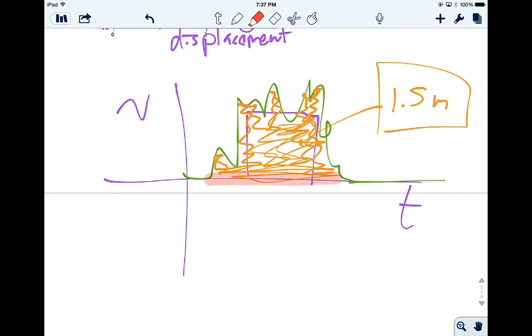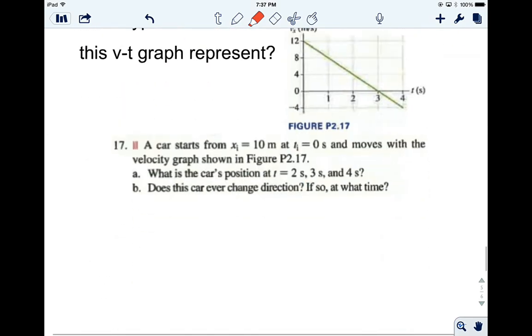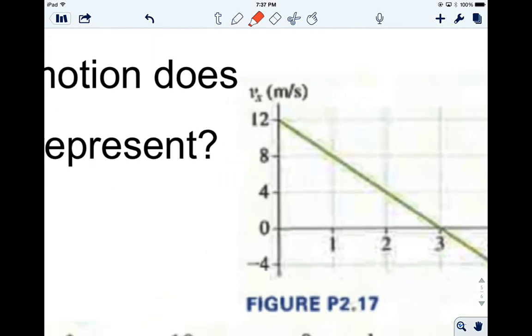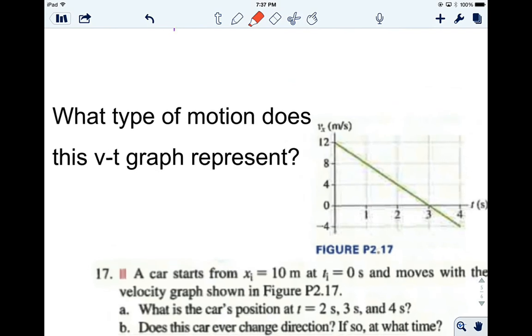When we talk about the area under this curve, it really just means the area between the axis and our line or our shape, our function. And the area between that is what we're going to call our displacement. So let's say this is a VT graph and I want to figure out what my displacement was between 0 and 3 seconds.